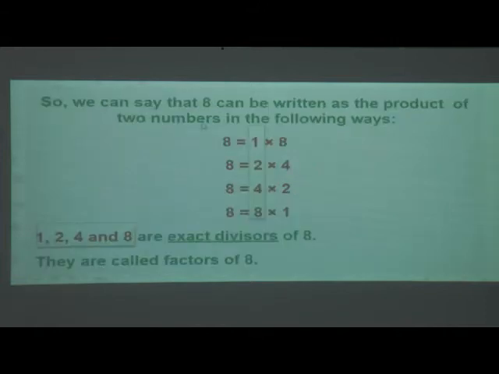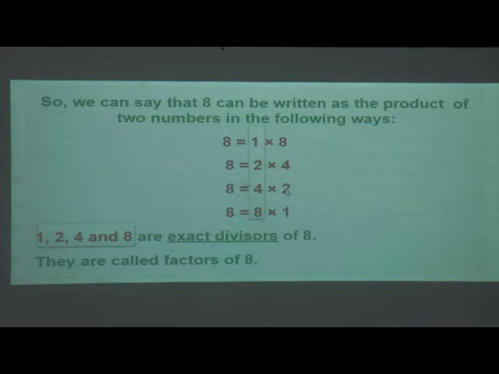So we can say that 8 can be written as the product of 2 numbers in the following ways. Like 8 balls were there, we have taken 8 rows, in each row 1 ball, so 1 8 is 8. Then 4 rows, in 4 rows we have kept 2 balls, so 2 4s are 8.